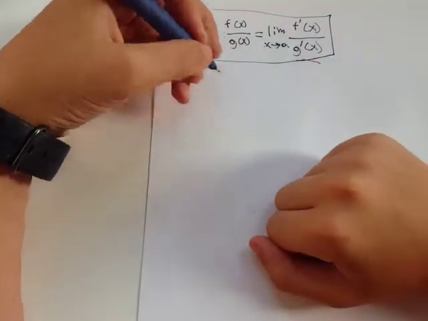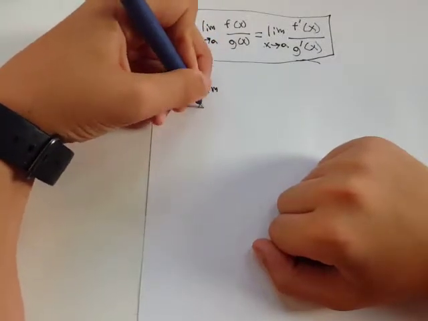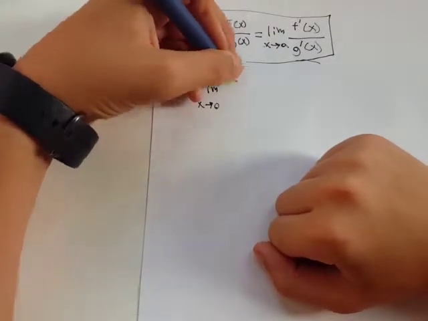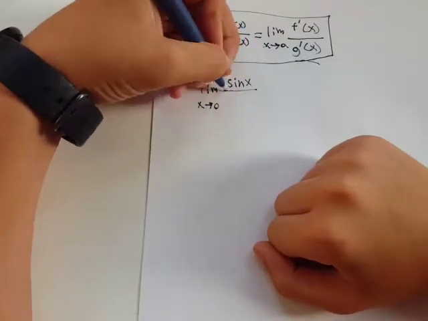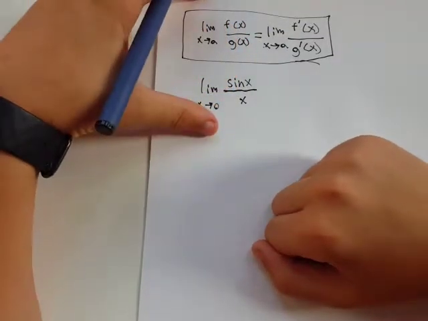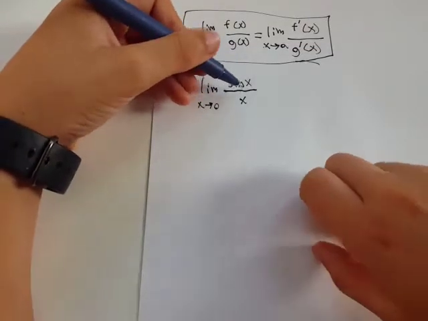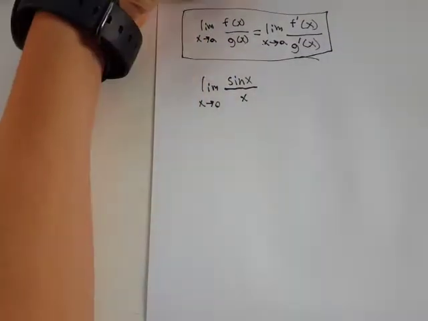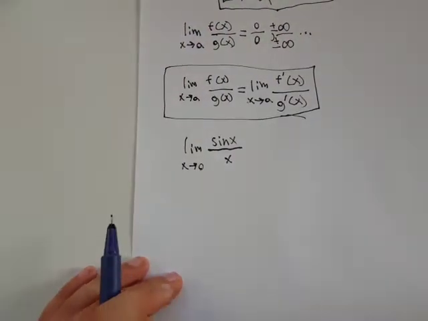Let's look at this limit: the limit as x approaches 0 of sine x over x. As you can see, if you plug in 0 here, then it's 0 over 0, which is an indeterminate form.